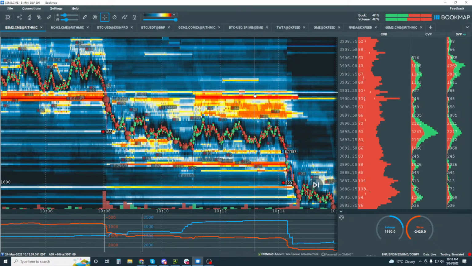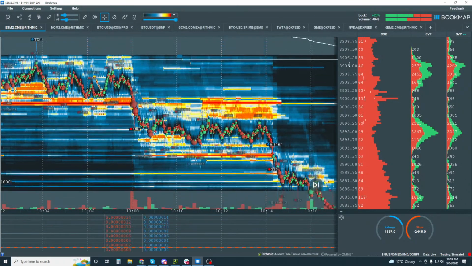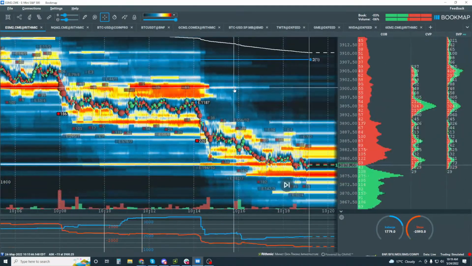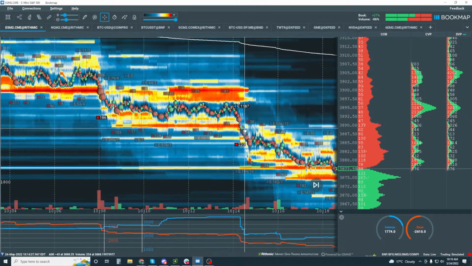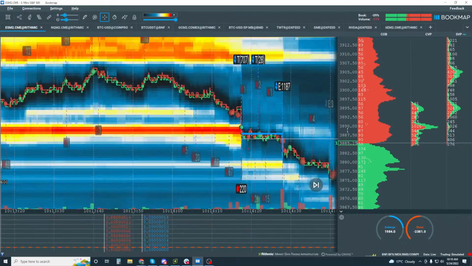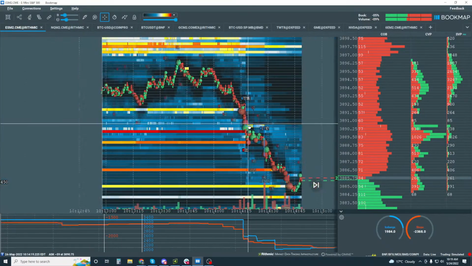So anyway, the primary scenario here was continuation to the downside. That's what we're getting, and we look for this to continue until we see something different. Okay, and what would look different?